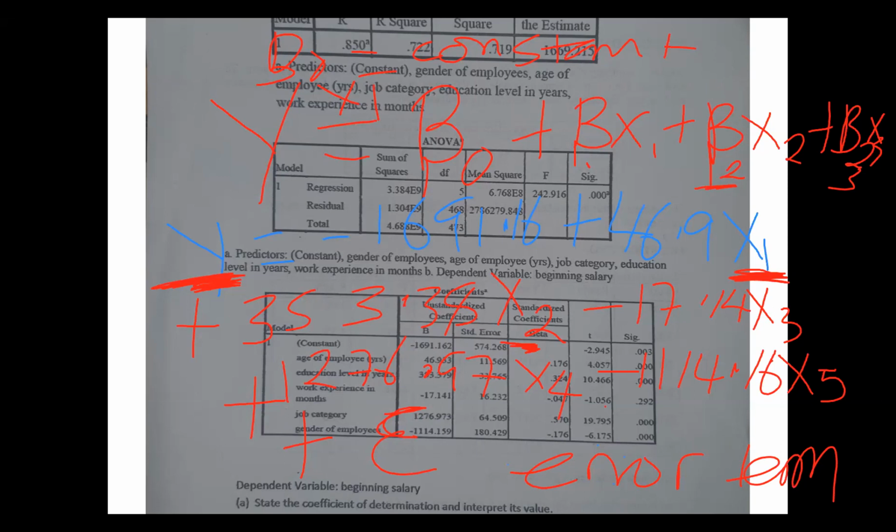Yes, that symbol is representing errors. Are we able to define the errors? Not really, you can't define these errors. In the meantime, this error term has got some assumptions.